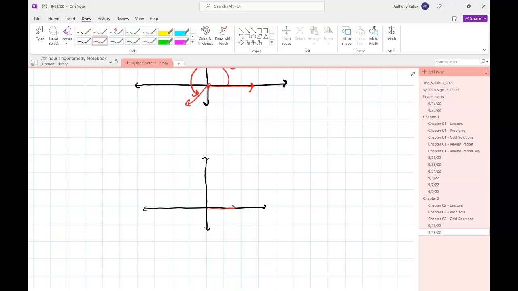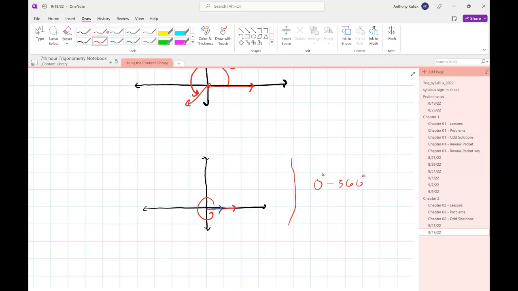It'd be one where the initial side was here, and then the terminal side was also here, and we'd have done that, right? Everybody cool with that? So it looks like we can go from 0 to 360.